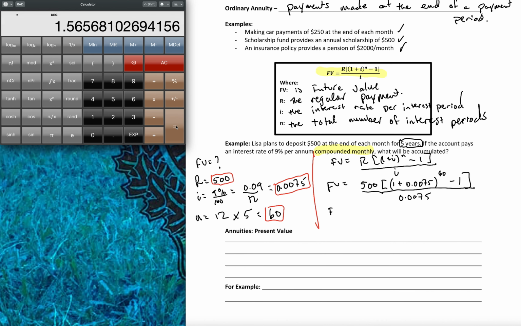So you're going to get FV is equal to 500 multiplied by 1.566, okay. Then you have to subtract the 1, okay, because that's what's still in the square brackets, and then all of that divided by 0.0075, okay.